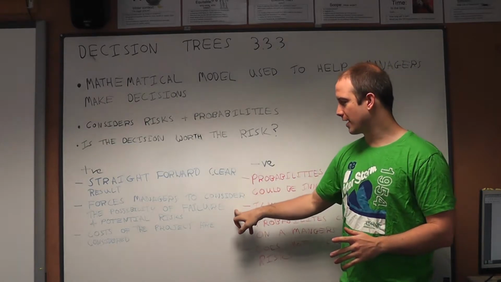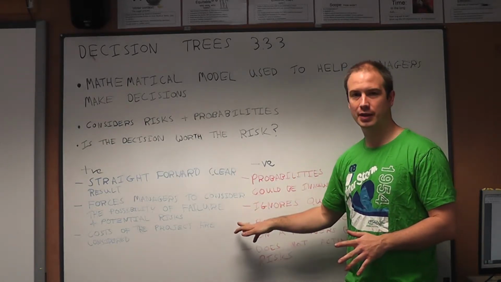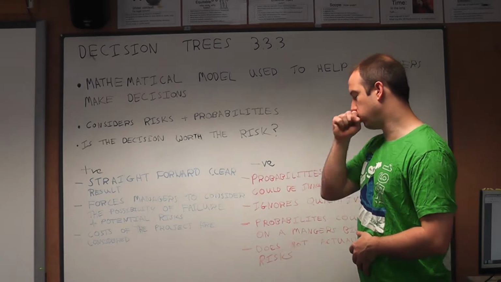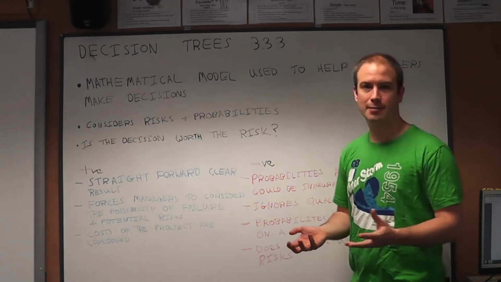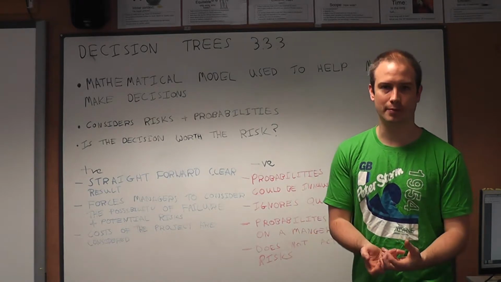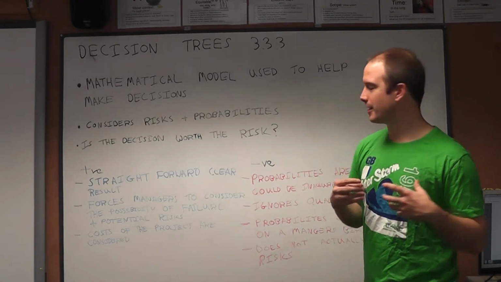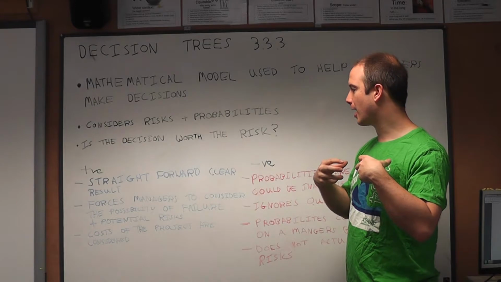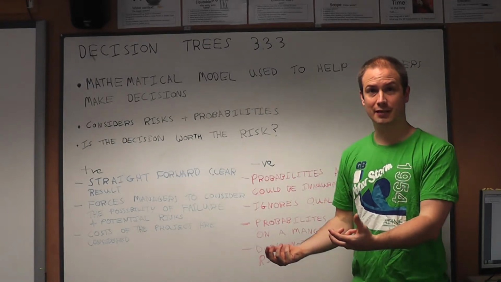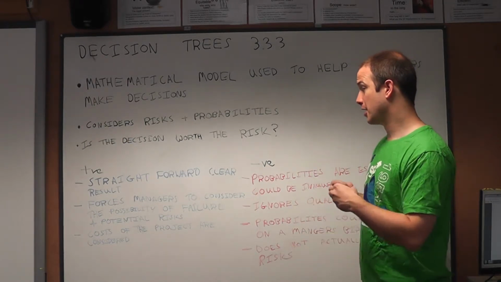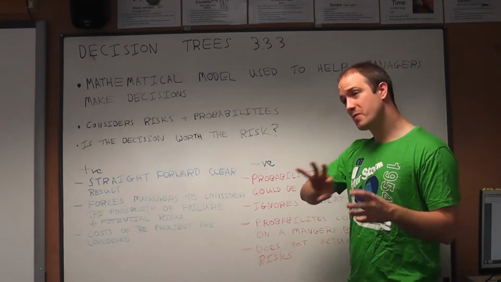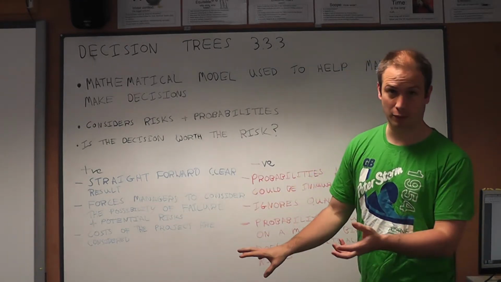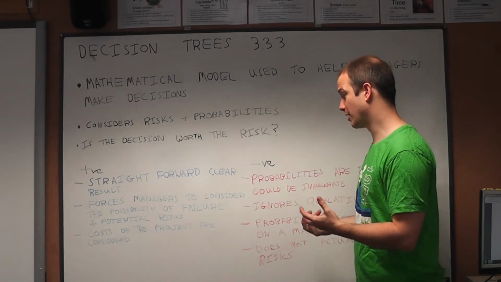It forces the managers to consider the possibility of failure and the potential risks. Now, what we mean by that is managers, if they're very keen on something, might be exaggerating the possibility of success. So we think that something's going to be very successful, and they might ignore some of the potential downfalls of this, some of the potential risks of failure.